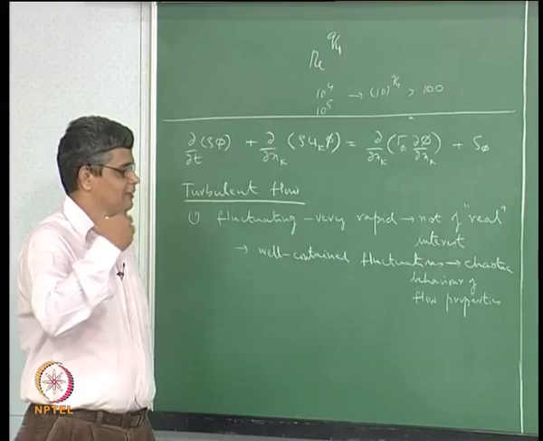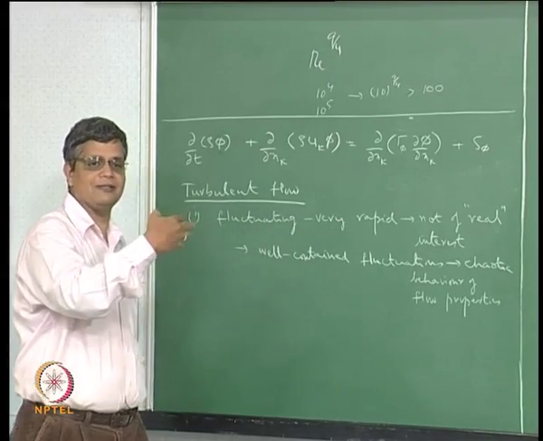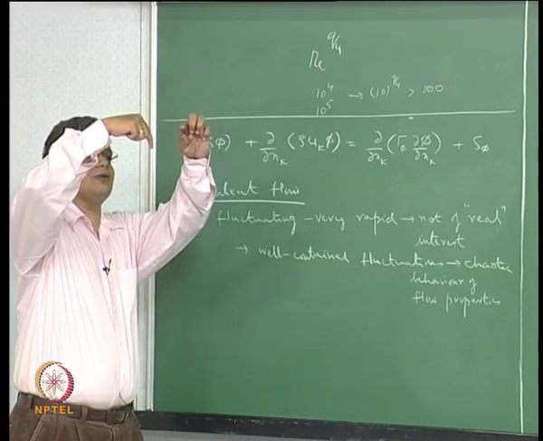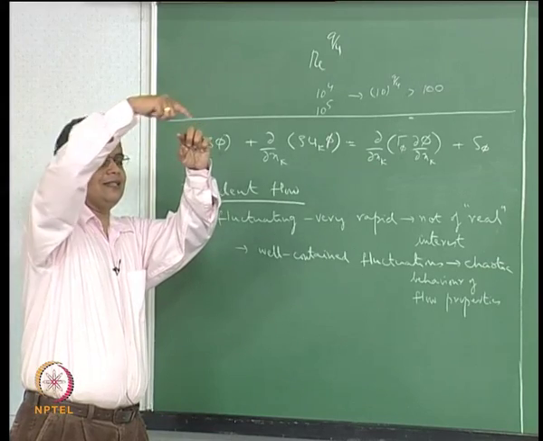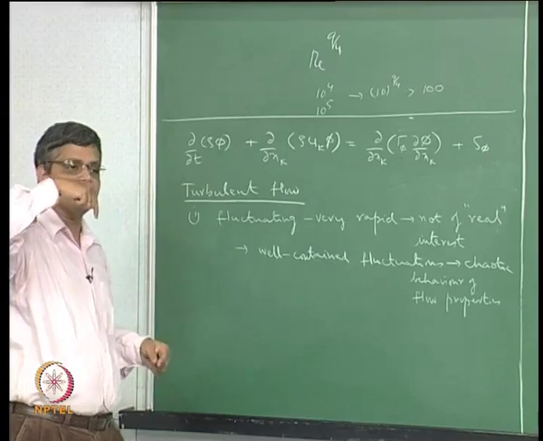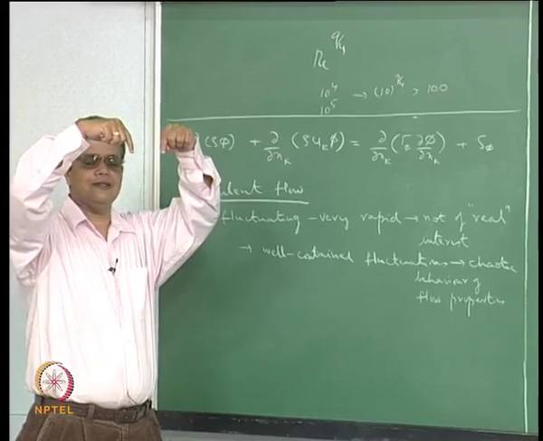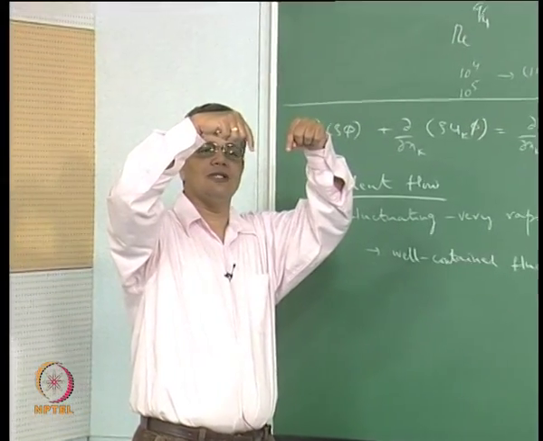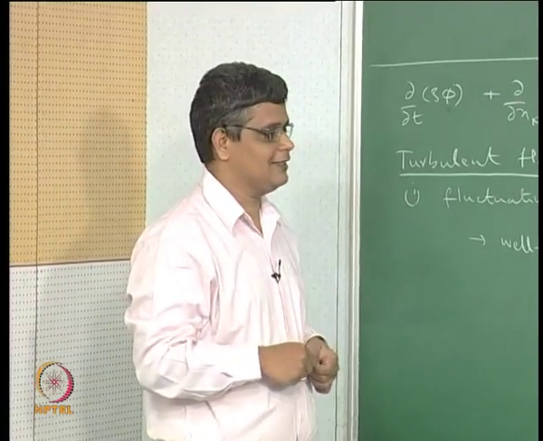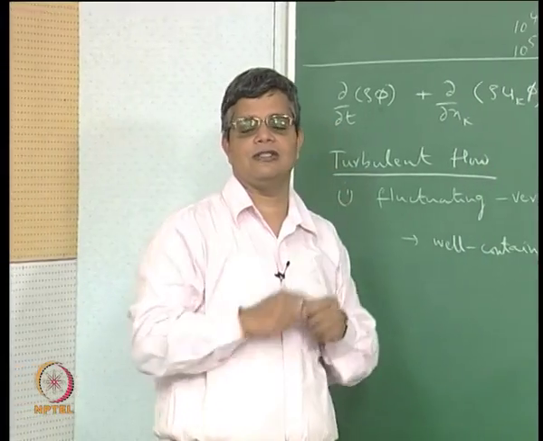And similarly, because the fluctuations are not only with respect to time but also with respect to space, if the flow is laminar, then if this is the velocity here and this is the velocity here, I can say okay, the velocity here is going to be somewhere in between. But in turbulent flow, if I know the instantaneous values at 2 points, then I will not be able to give the velocity at an intermediate point to a great deal of accuracy, because within the 2 points the velocity is going to change.